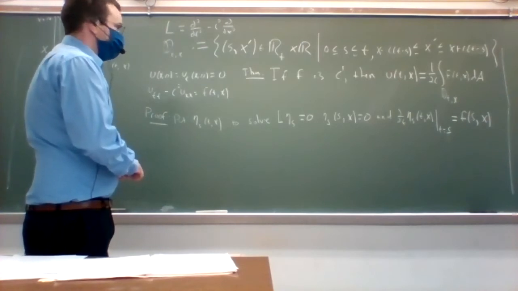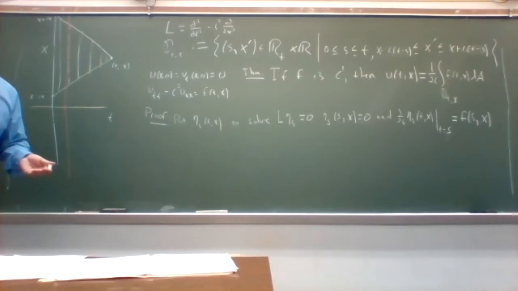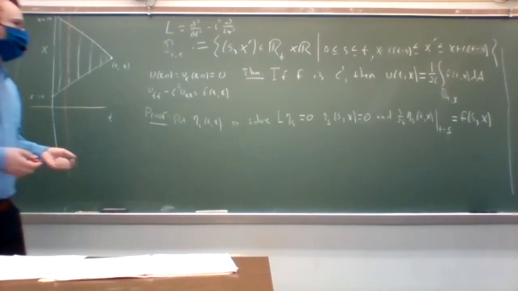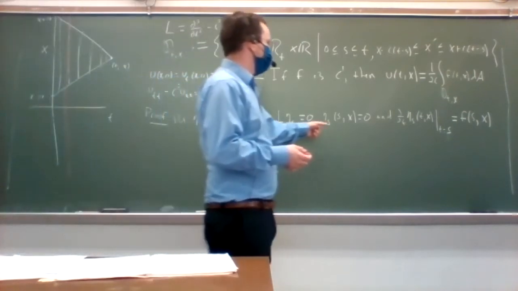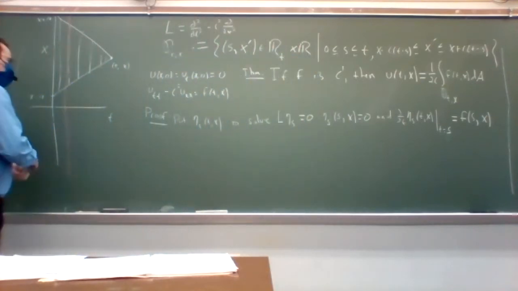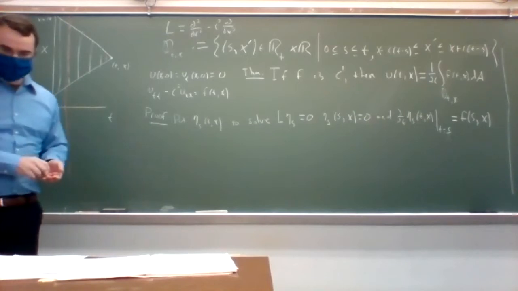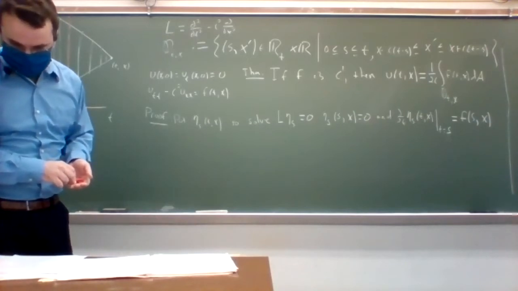Okay. And so you can actually write down a formula for this. You can use D'Alembert's solution to find a formula for this, and you're just translating the origin. So you're translating this line to the right by s units. So that's like t gets replaced with t minus s in D'Alembert's formula.